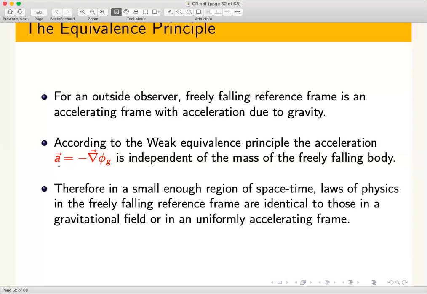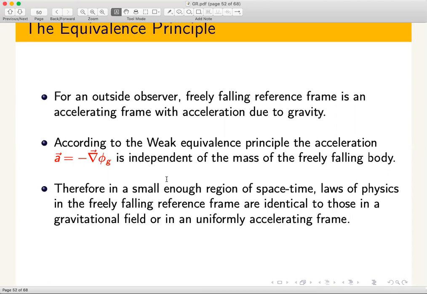So the weak equivalence principle can also be stated in the following way: in a small enough region of space-time, laws of physics in a freely falling reference frame are identical to those in a gravitational field or those in a uniformly accelerating frame. We have already stated why one is talking about a small enough region.